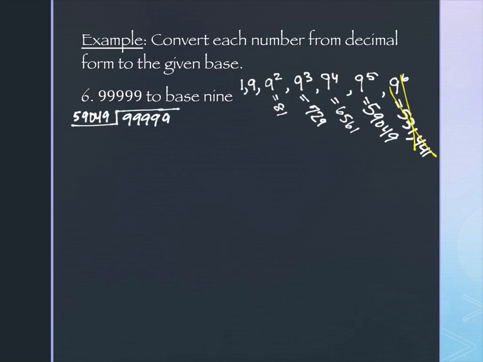And I'm going to divide 99,999. And it's going to only go in one time. That one's pretty quick to see. But then I need to subtract 59,049. And if I subtract, what do I get? 40,950.